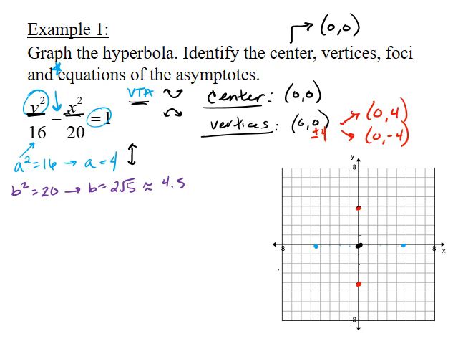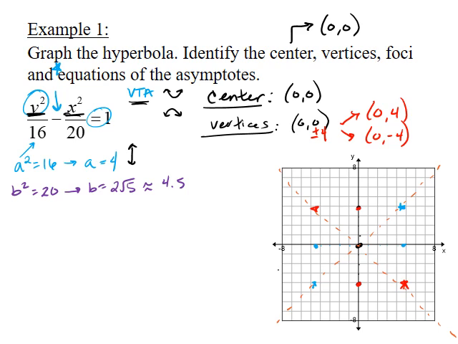Once I have this box sketched, then what I'm going to do is sketch my asymptotes. The asymptotes go from corner to corner. So I will have this asymptote and this asymptote. Eventually, I'll want to write the equations of those asymptotes, which I'll do shortly.